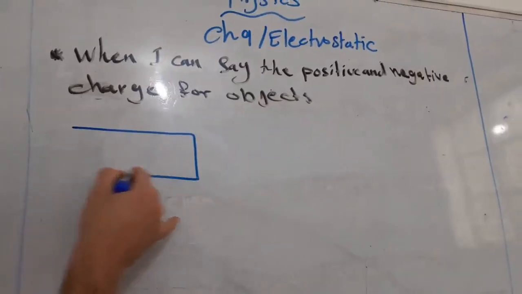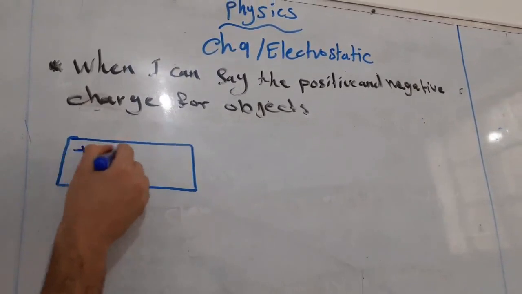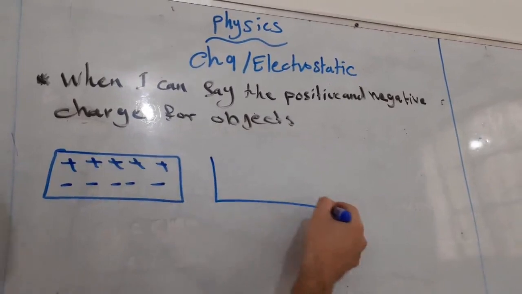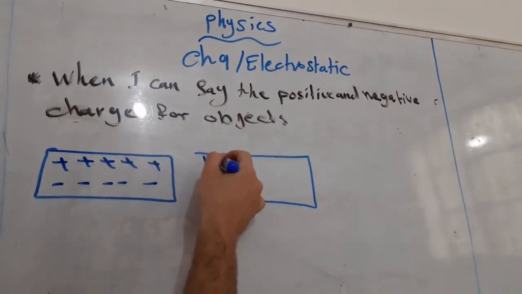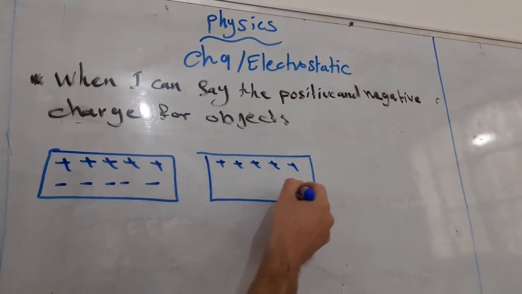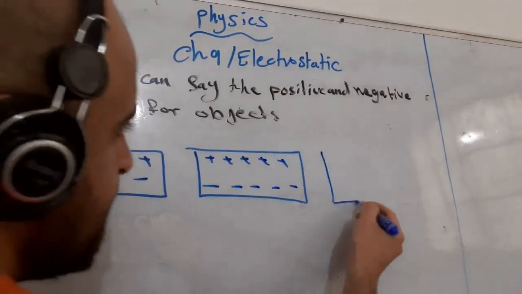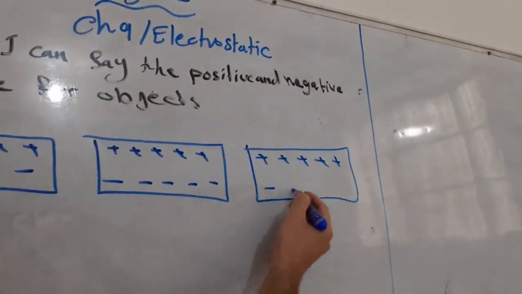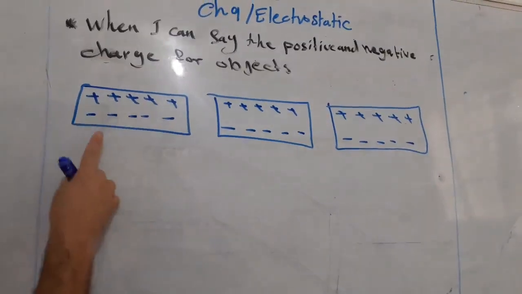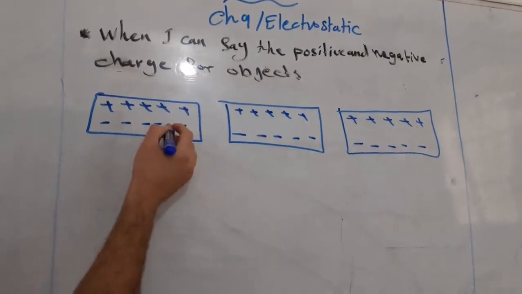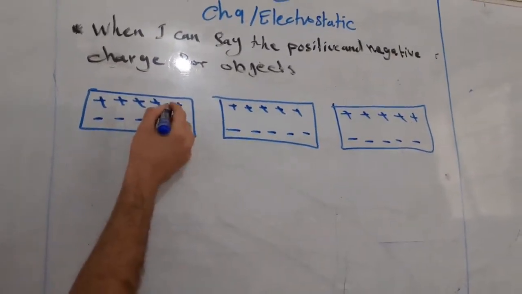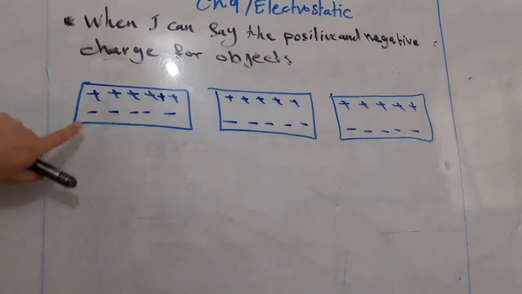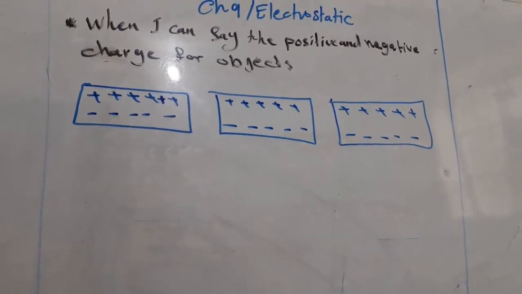Now I draw these objects. This object has 6 positive charges and 5 negative charges.